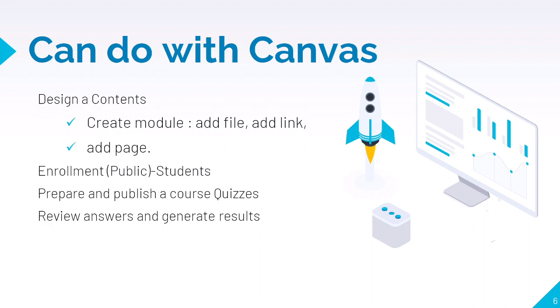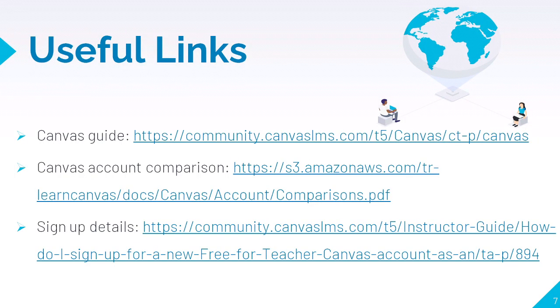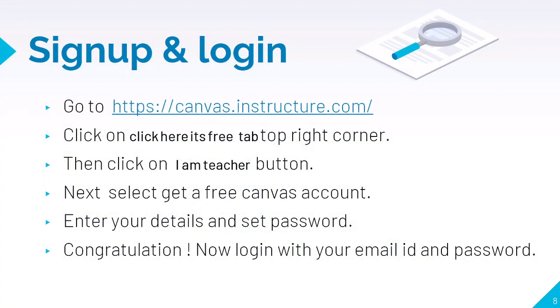You can add files, links, and pages, then enrollment as public or as students, then prepare and publish a course, quizzes, review answers and generate the results of the students. The useful links for Canvas are the Canvas guide. You can take the guide from here, then Canvas account comparison, sign up details.